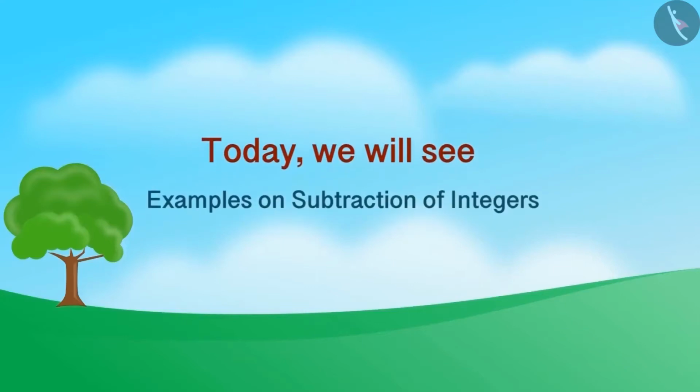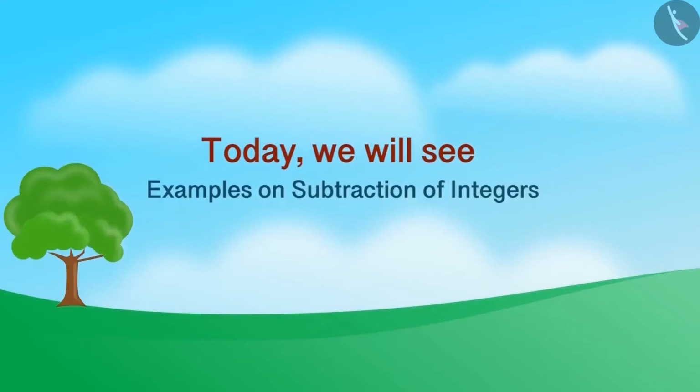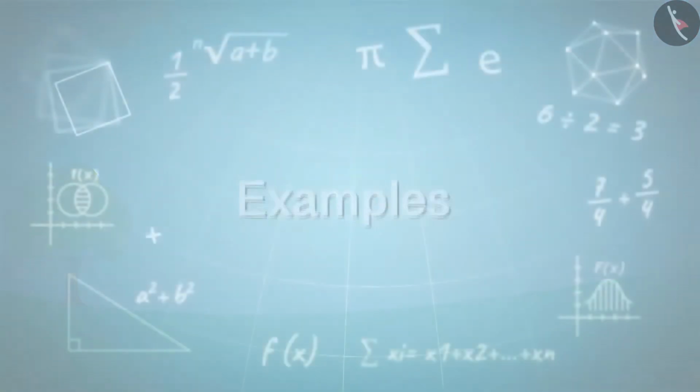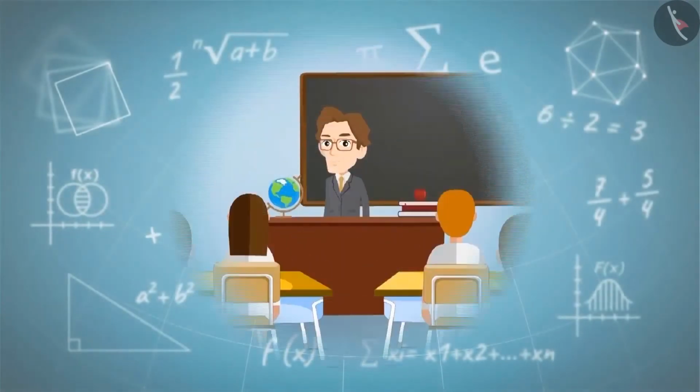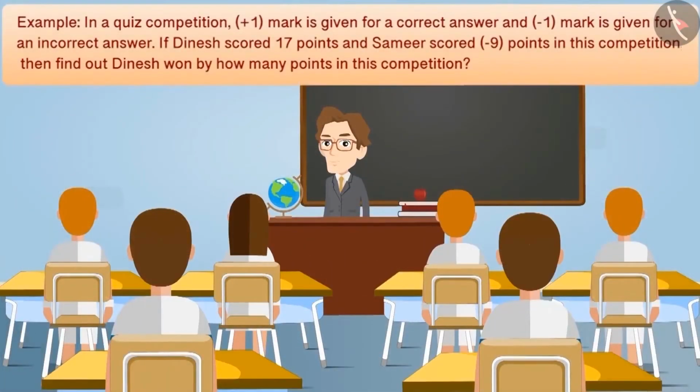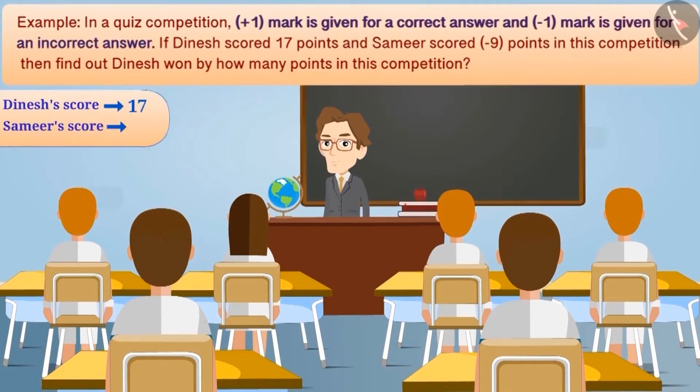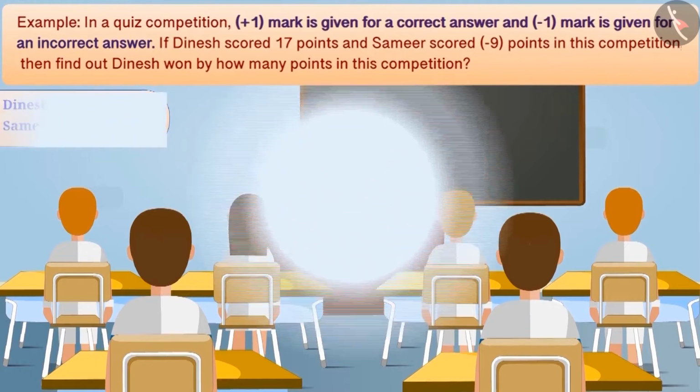Today, let's look at some examples related to subtraction of integers. In a quiz competition, +1 mark is given for a correct answer and -1 mark is given for an incorrect answer. If Dinesh scored 17 points and Samir scored -9 points, then find out how many points Dinesh won this competition by.